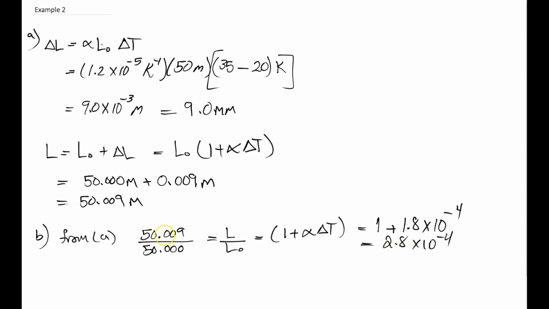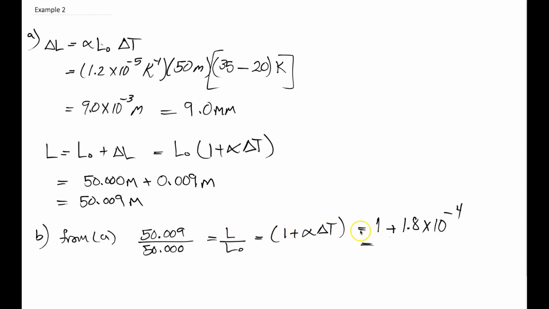And so the true distance now is going to be that ratio. Oops, that's not true. That's not true, folks. I made a mistake. Let's keep the numbers as they are.